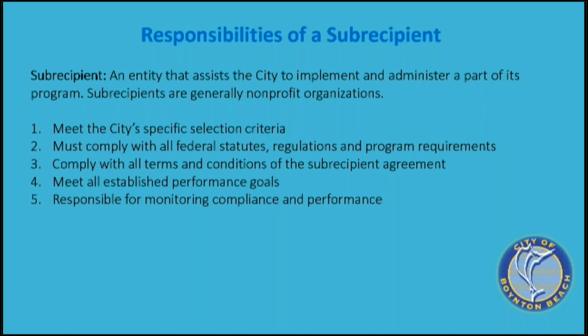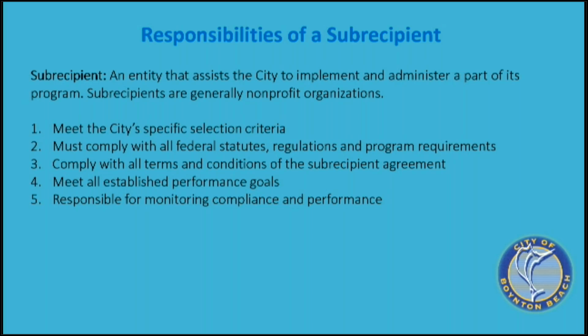So, the recipients are generally nonprofits, and they help the city to implement and administer part of its program. The recipients have to meet the city's specific selection criteria, and must comply with all statutes, regulations, and program requirements. That is super important.